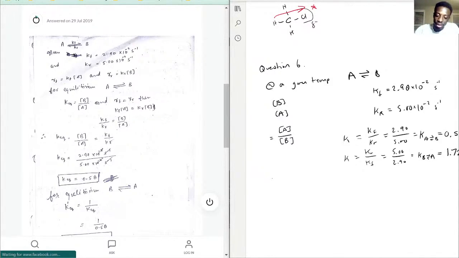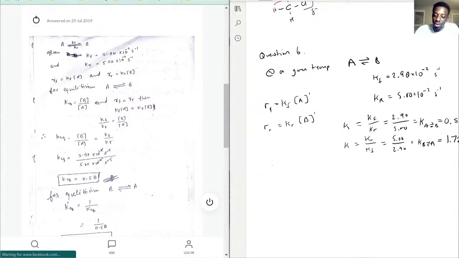So for your sake, I'm going to erase that, because the equation you're actually talking about is the rate, which equals the constant they gave you, K forward, times A to the power of 1, because remember, it's first order, and that's the forward one. The reverse rate is KR times B to the 1.